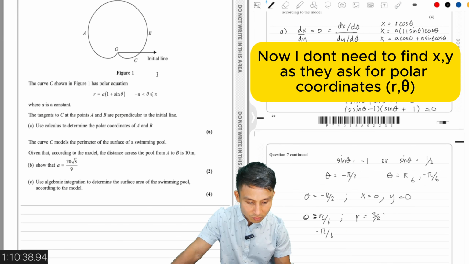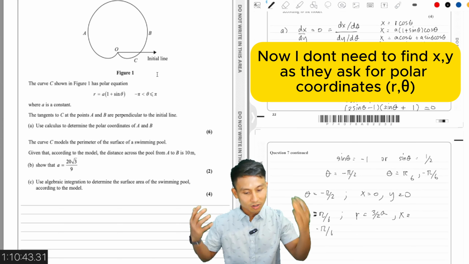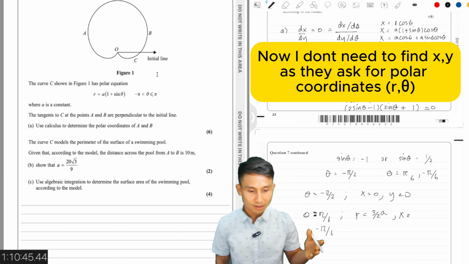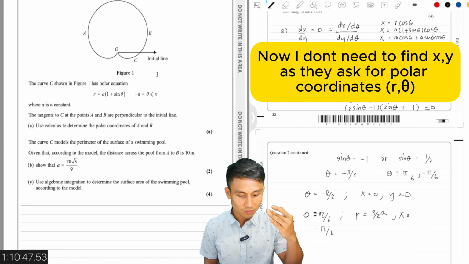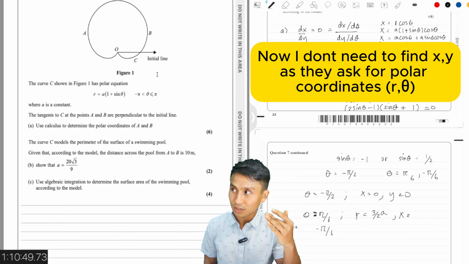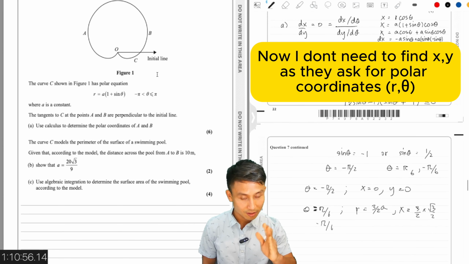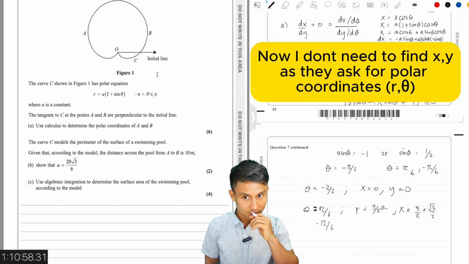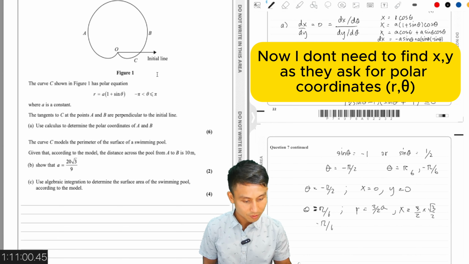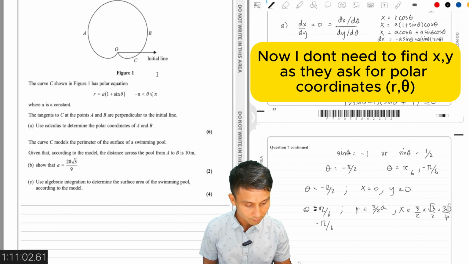So it's 3 over 2a. That means x will be 3 over 2a times cos theta, right? Cos theta is cos pi over 6, so that's root 3 over 2. So it's 3 over 2 times root 3 over 2, basically. Okay, so it's just 3 root 3 over 4.